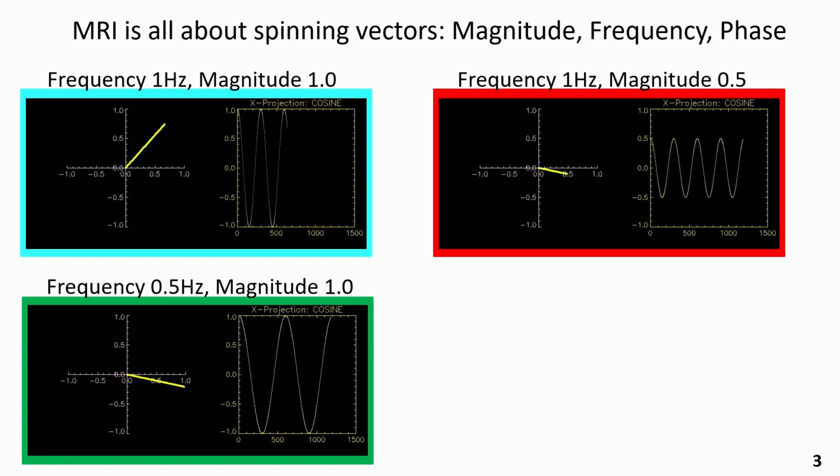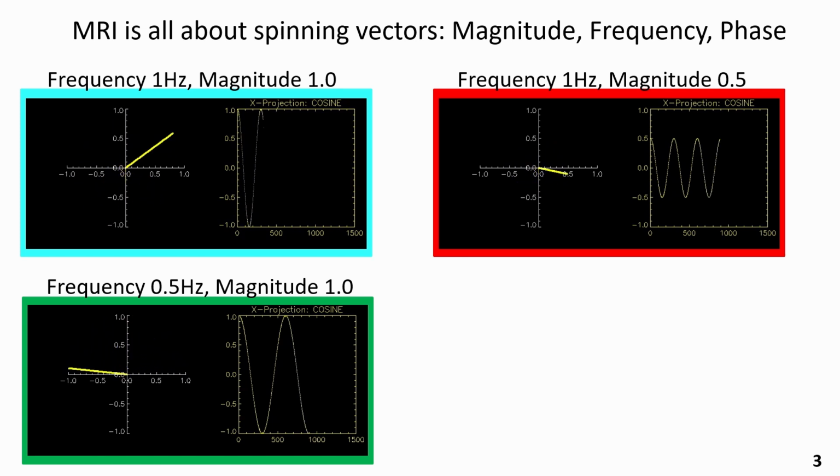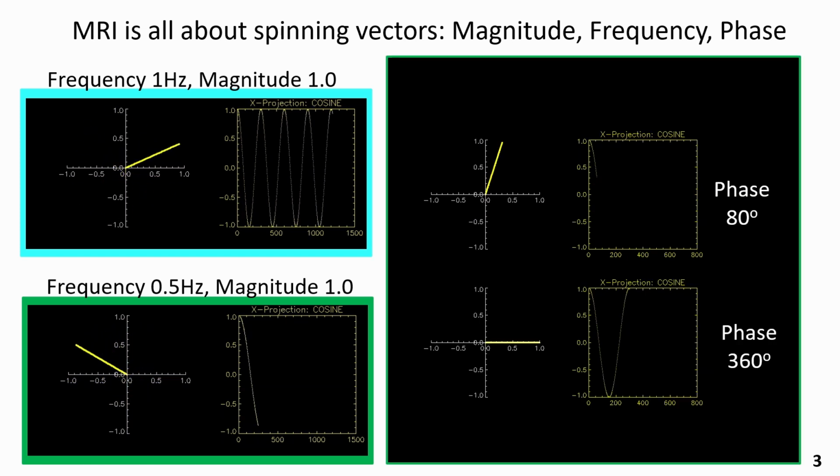Frequency describes the speed of spinning. If we take photos of the spinning vector that is in the green box, then we could capture it when it has completed 80 degrees of the 360-degree cycle. The angle between the vector and the horizontal axis where the spinning started is 80 degrees. We say that the vector has a phase of 80 degrees.